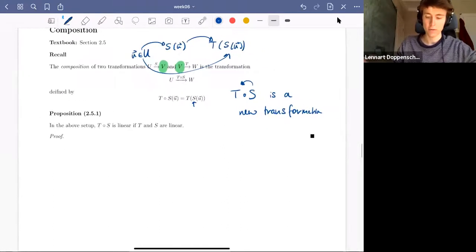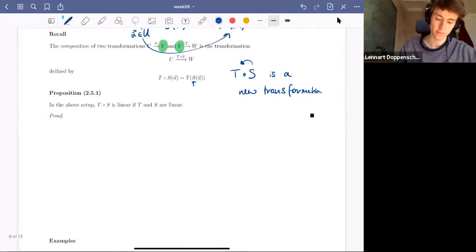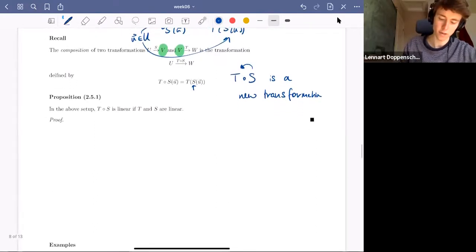And the very first question that might come up is whether the composition of two linear transformations is again linear. And we're lucky that it actually is linear. And the proof is not particularly hard. Let's just look through this. There are two things you need to check. We assume S and T are linear.